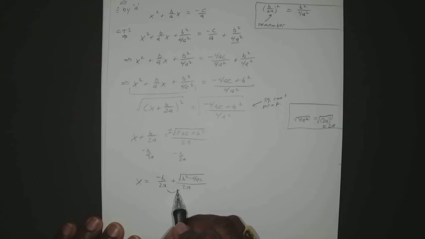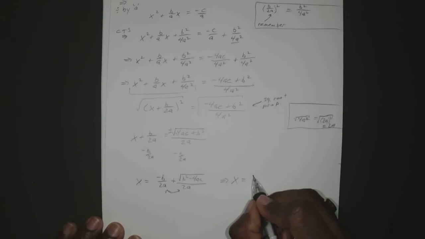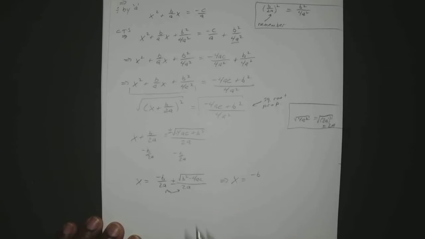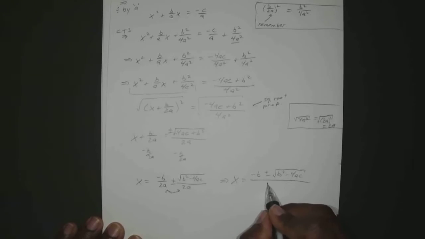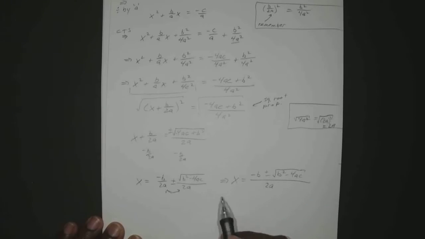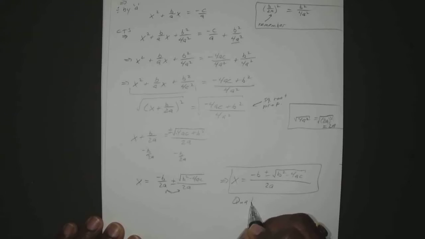And we'll just go ahead and combine those two. So you have x equals negative b plus or minus the square root of b squared minus 4 times a times c all over 2a. And that's your quadratic formula.